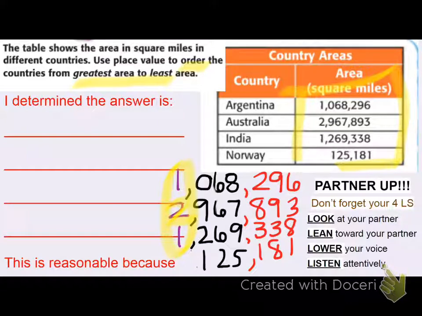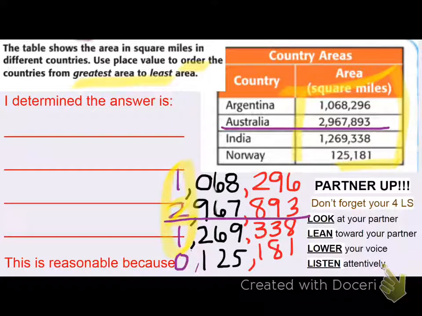And if you look at the bottom value, I can actually put a 0 here to hold that place. And 2 is definitely bigger than 0 millions. 2 million. So I can see Australia definitely has the greatest square miles. And it asked me to put them in order from greatest to least. So this here is the greatest value.